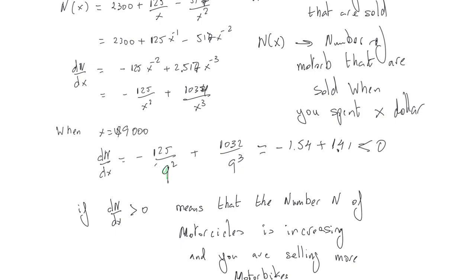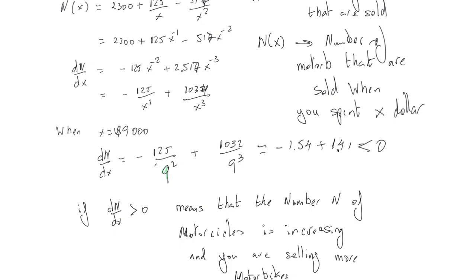So when the slope is zero, that is the good question. It should be 0 before x equal 9. Before you spend $9,000 in advertising, it should be 0. So if the derivative with respect to x is positive, that means that the number of motorcycles you are selling is increasing.